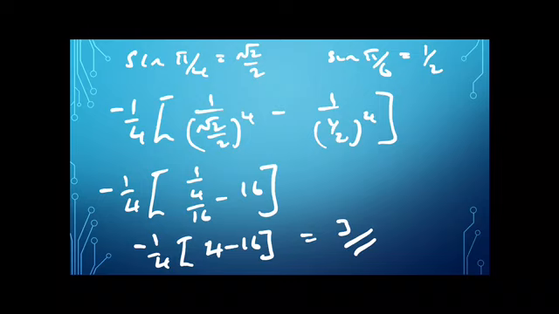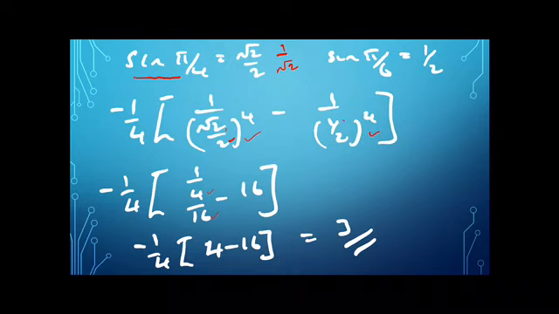Now just to remind you, the sine of pi over 4 is root 2 over 2, or 1 over root 2, and the sine of pi over 6 is equal to 1/2. Putting those values in there, doing a little bit of maths, root 2 times root 2 is 2, 2 squared gives us 4, 2 to the 4 is 16.